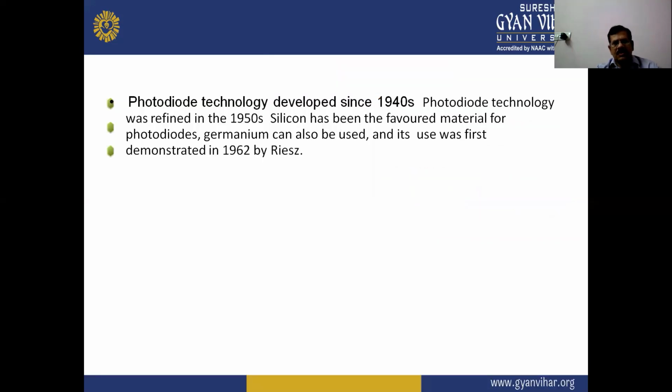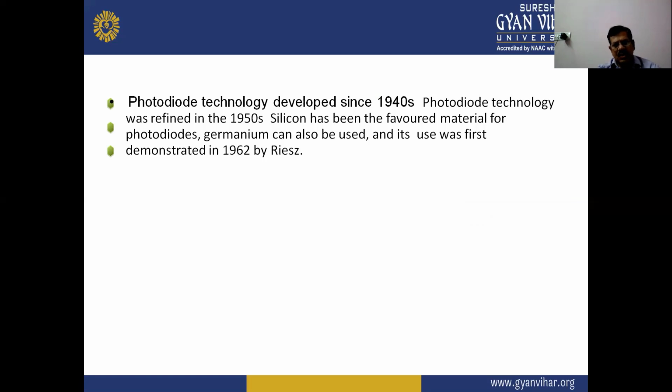Photodiode technology developed since 1940. Photodiode technology was refined in 1950. Silicon has been the favored material for photodiode. So germanium can also be used, and it was first used in 1962.